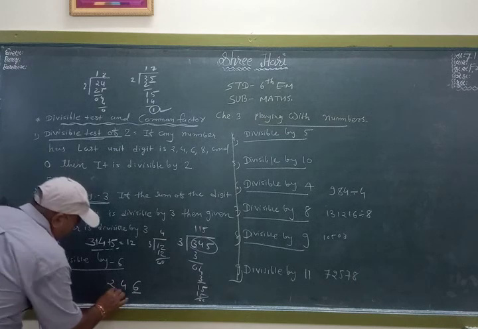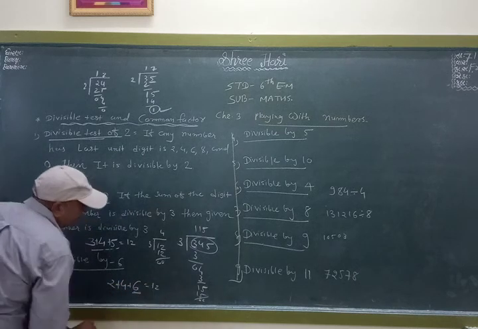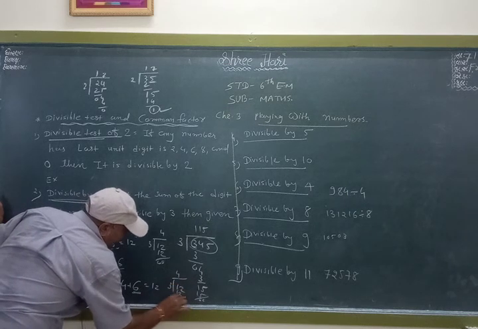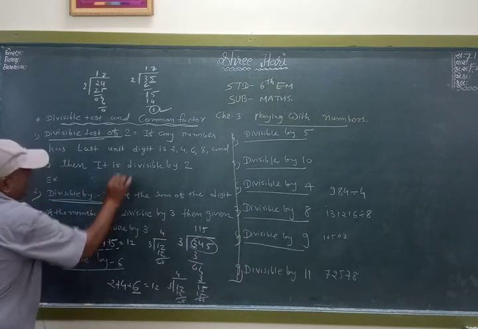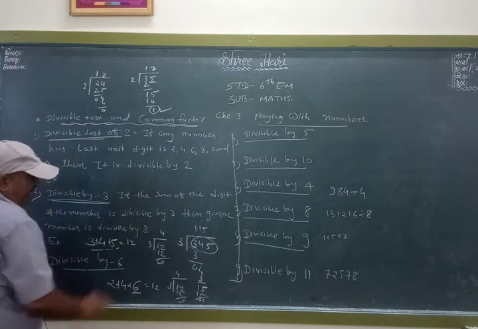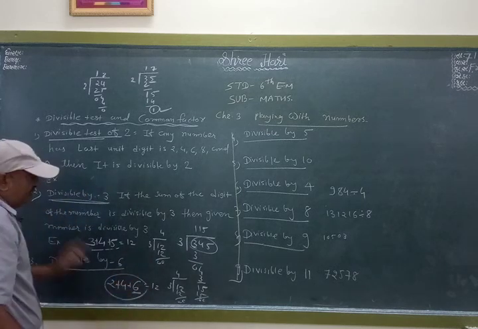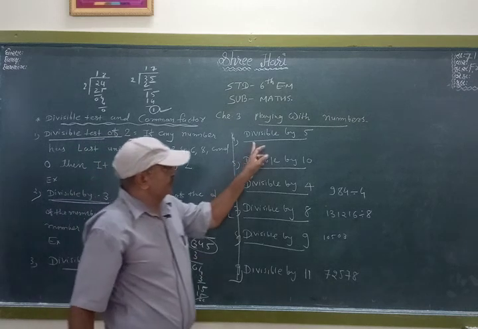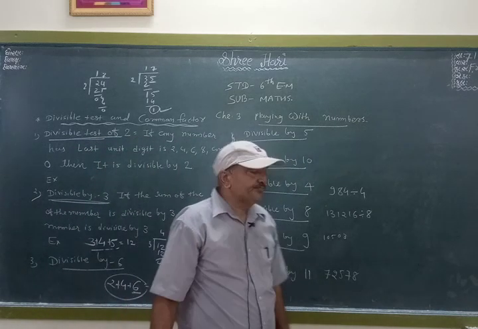Now total: 2 plus 4 is 6, 6 plus 6 is equal to 12. 12 is also divided by 3, 4 is 12. Here both keys, key of 2 and key of 3, are right. Then this number is divided by 6. 6 2 is 12.